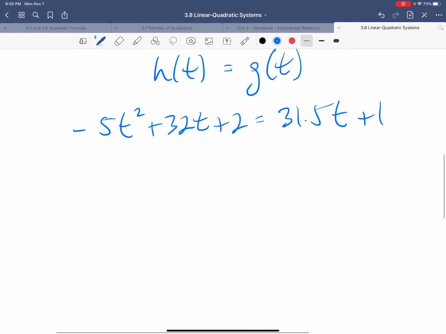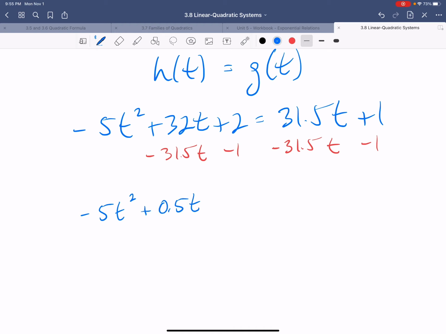So we'll make the equations equal to each other, but since it's a quadratic, I'm going to make it equal to 0. Negative 5t squared plus 0.5t plus 1 is 0.